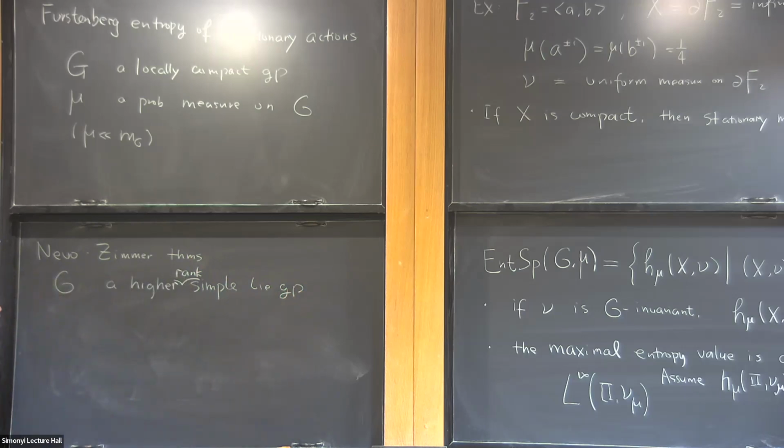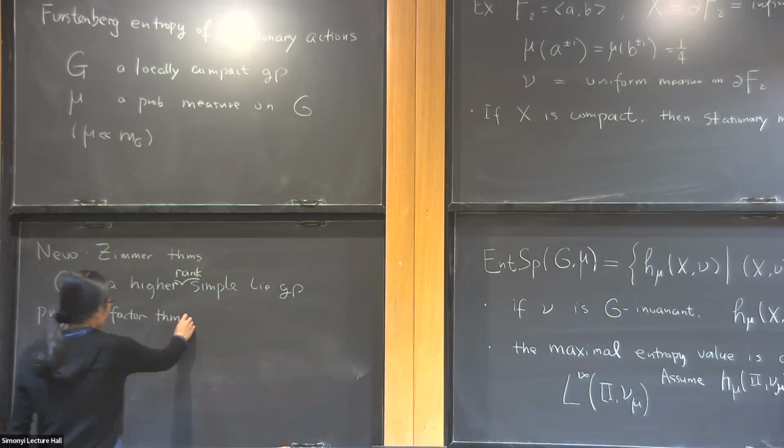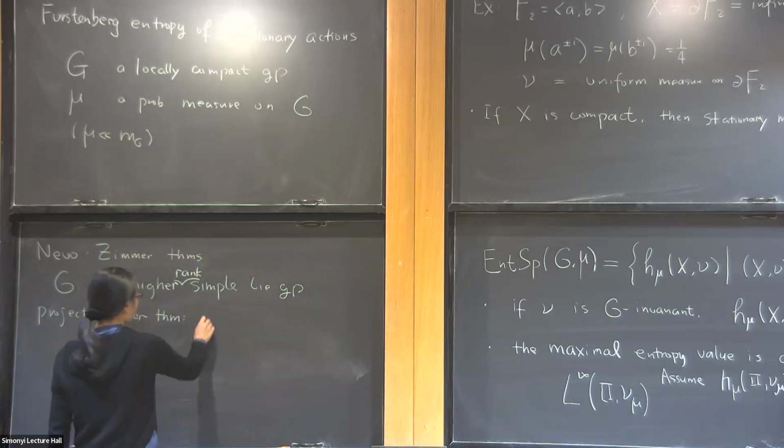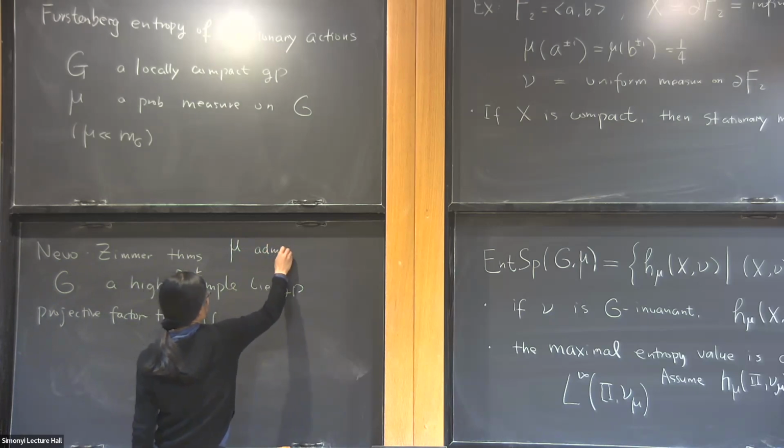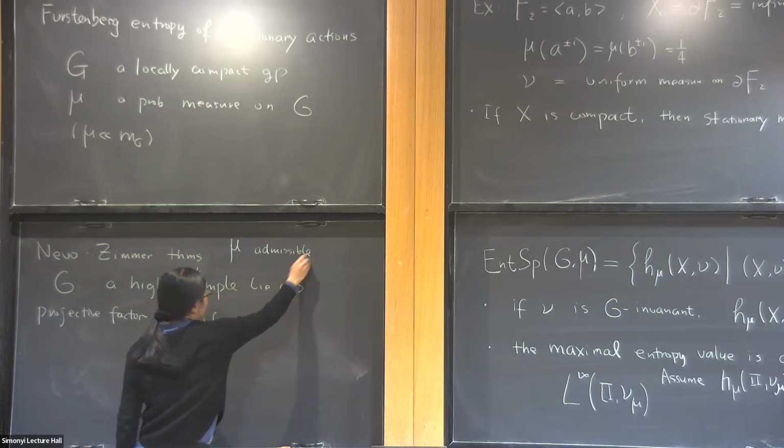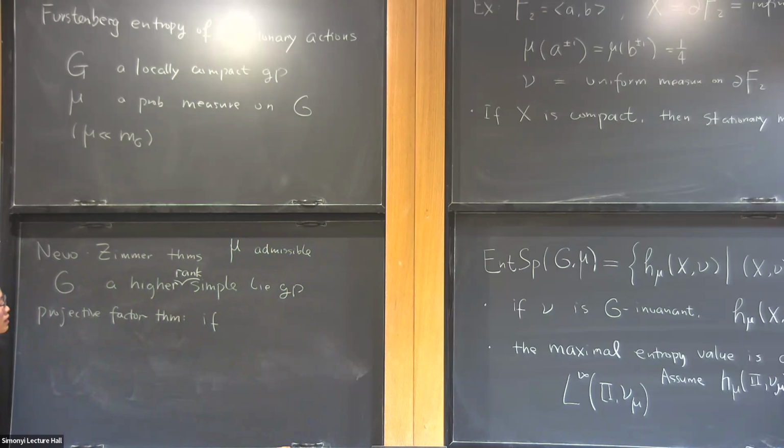And then, the first is the projective factor theorem. It tells you that, and here let's take mu to be what they call admissible. It means that it has a density with respect to the Haar measure, and moreover the support generates a group that's non-degenerate and in the Haar measure class.